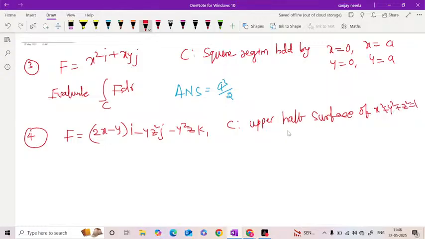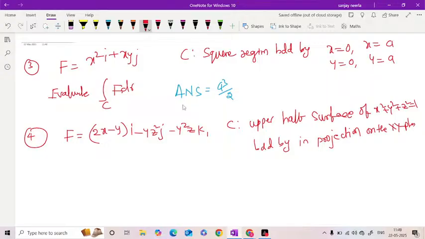That means this is a sphere, bounded in the projection on the xy plane.